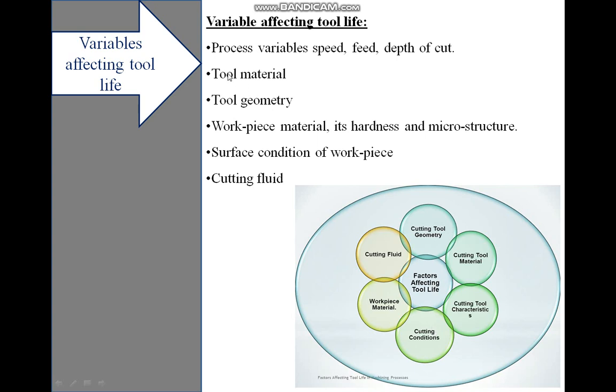Then material of the tool. Then tool geometry. Then workpiece material, its hardness and its microstructure. Then the surface condition to be produced on the workpiece. Then cutting fluid or coolant which we supply during the metal removal process. So these are the various factors which affect the tool life.